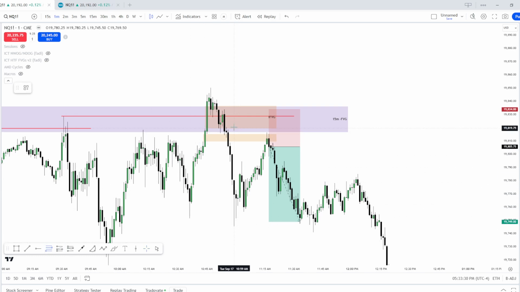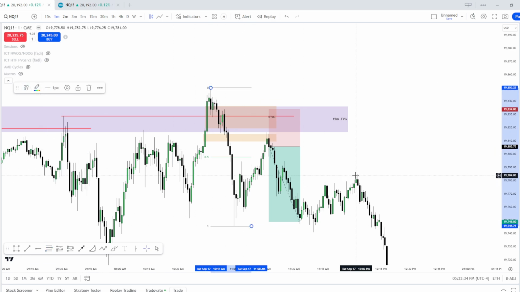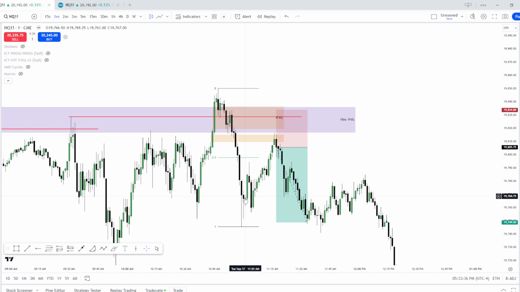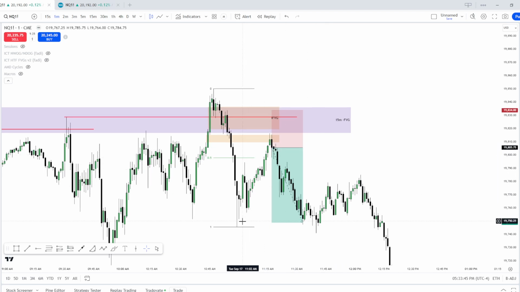We also created equilibrium. Got to mark that up. Right here, we create equilibrium. We create a bearish fair value gap, bearish fair value gap, bearish fair value gap, all of these bearish fair value gaps. And then when price finally retraces back past equilibrium, after creating these inverse fair value gaps, we retrace back, and what do we retrace into?